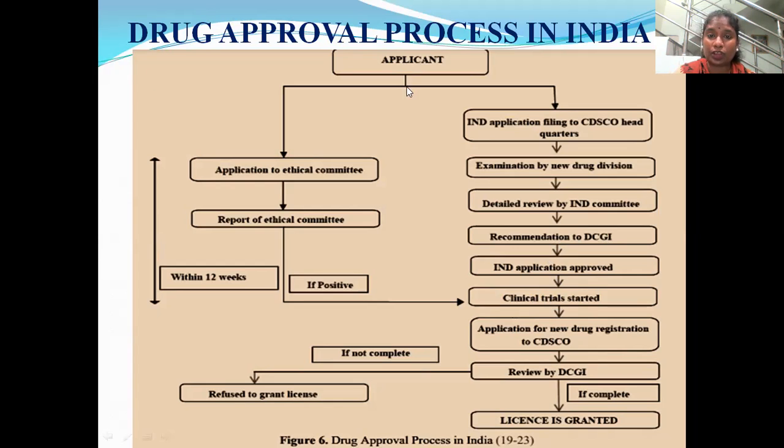Before the applicant submits the IND, we have to consider on which subjects we conduct these clinical trials: animals, humans and patients. If you want to conduct trials on these subjects, you have to take permission from the ethical committee.